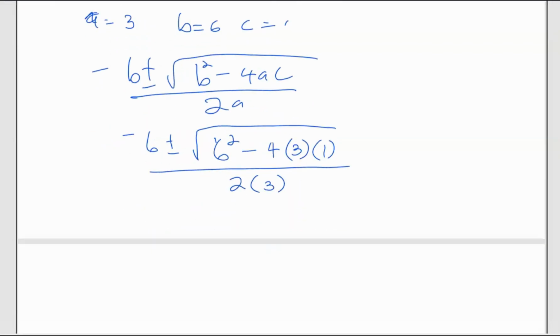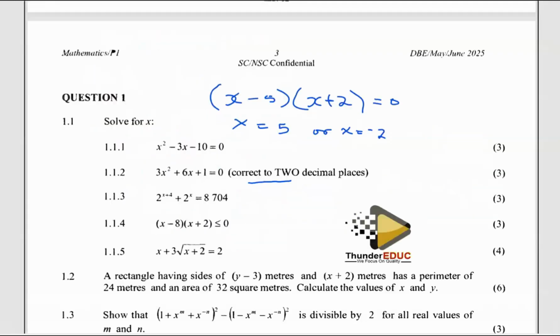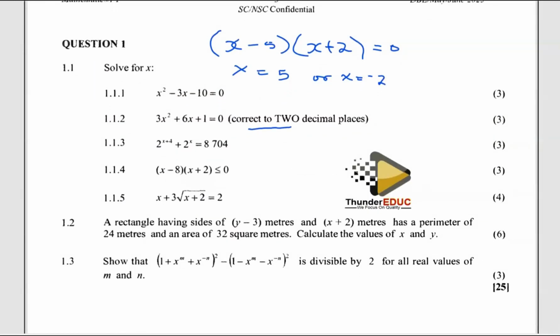Okay, so when I punch this into my calculator, the first value of x that I'm getting is negative 1,82. The other x value is going to be negative 0,182. So those are the answers that we have for 1.1.2. And then 1.1.3, we have 2 to the x plus 4 plus 2 to the x is equal to 8704.